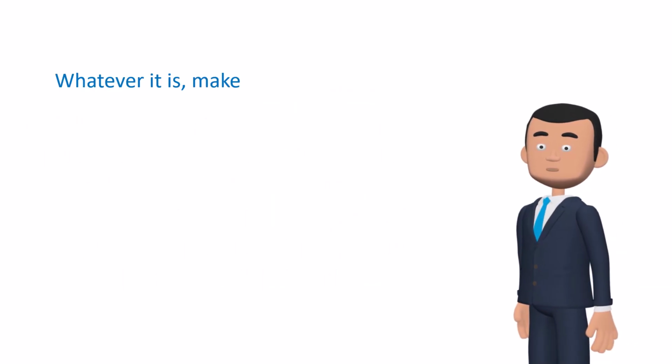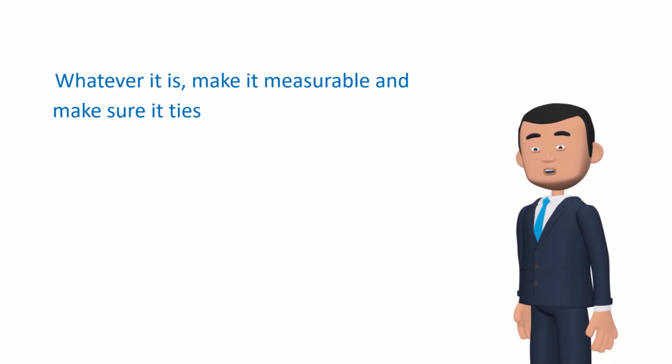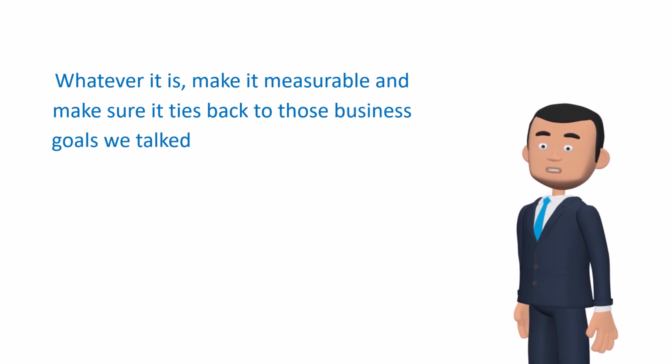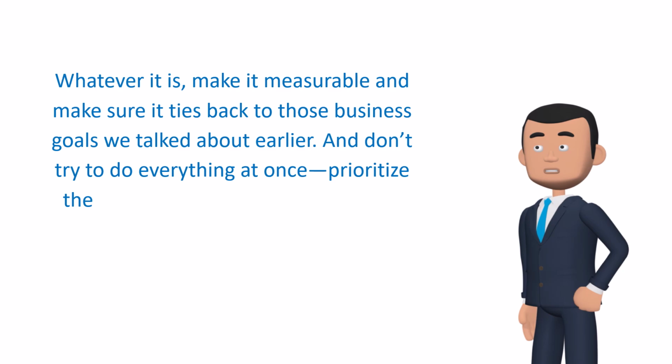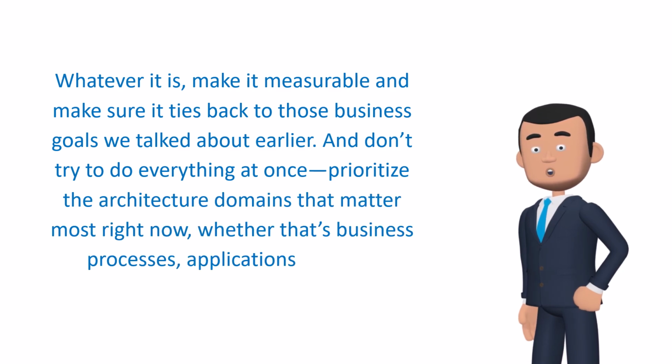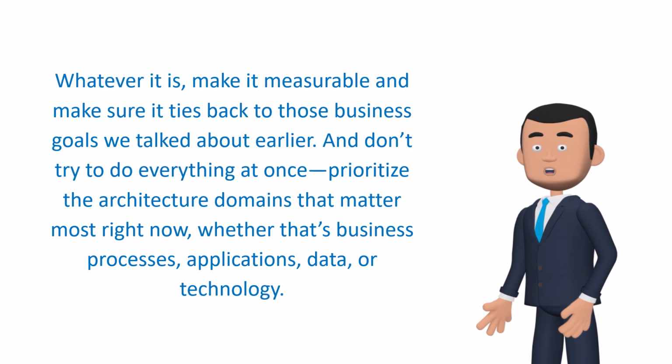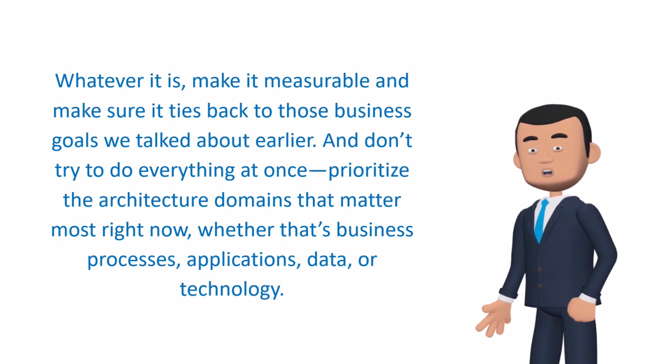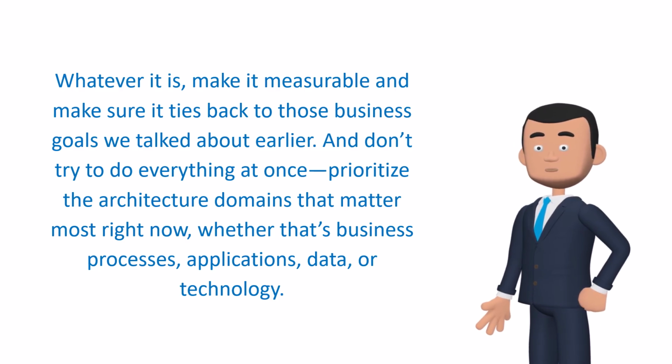Whatever it is, make it measurable and make sure it ties back to those business goals we talked about earlier. And don't try to do everything at once. Prioritize the architecture domains that matter most right now, whether that's business processes, applications, data, or technology.